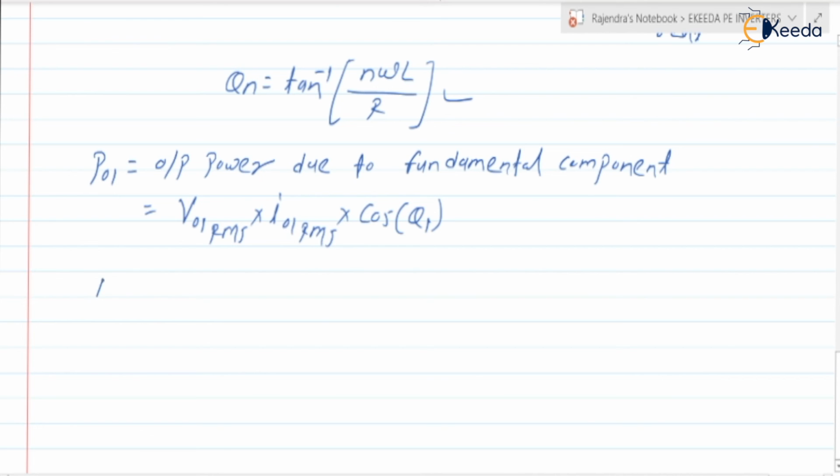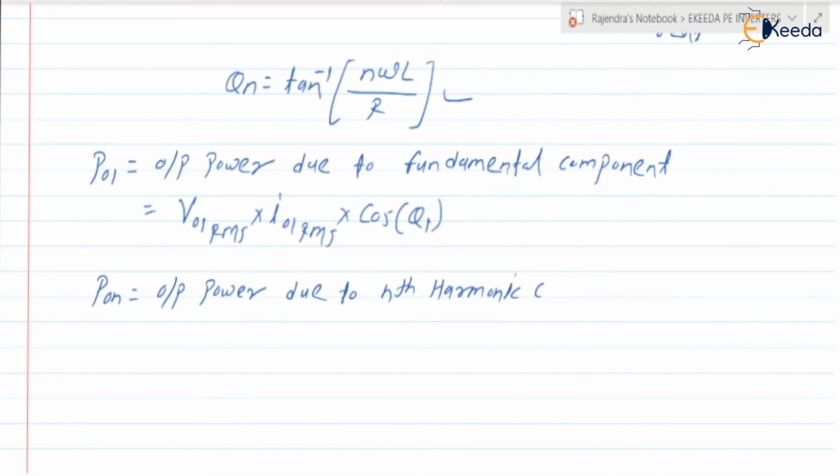Similarly, we can write P0n, the output power due to the nth harmonic, equal to V0n RMS into I0n RMS into cos of θn.